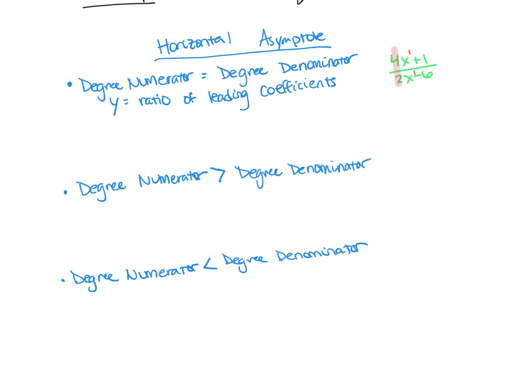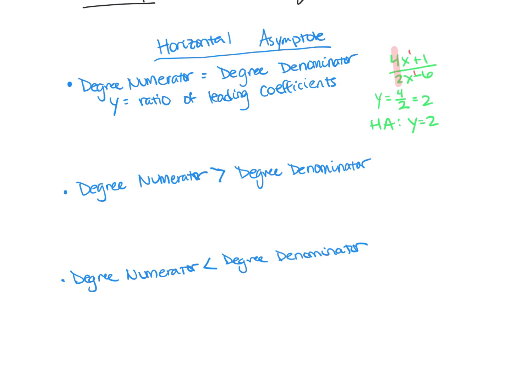We're going to look at that ratio. So we're going to have y is equal to 4 over 2, or 2. So in this case, we can say that the horizontal asymptote is y is equal to 2. So we're looking at that specific ratio of the numbers out in front. You can think of it like that. So this is what we'll be dealing with most often.